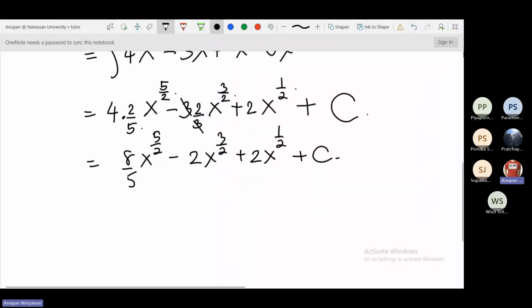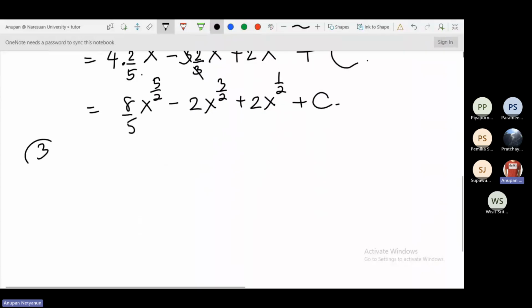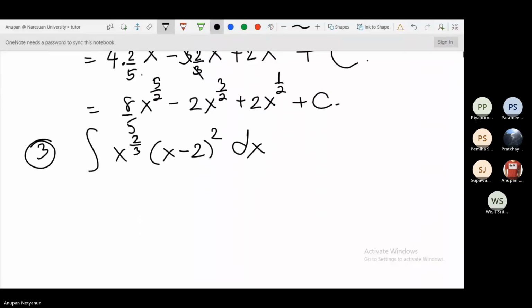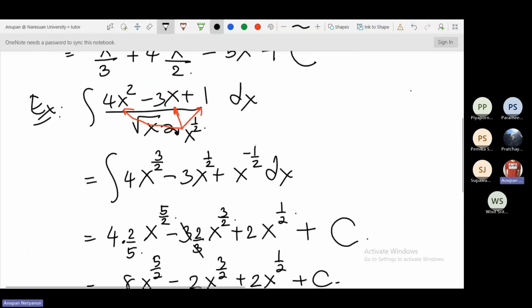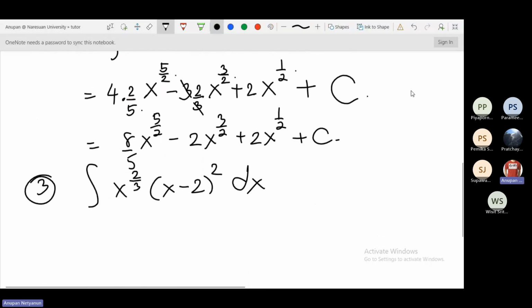Next. I'll let you do this example as homework, which is the integral of x to the 2/3 times x minus 2 squared dx. And as you can see, if we want to try to do the integration of this, you might want to expand or multiply out this term.